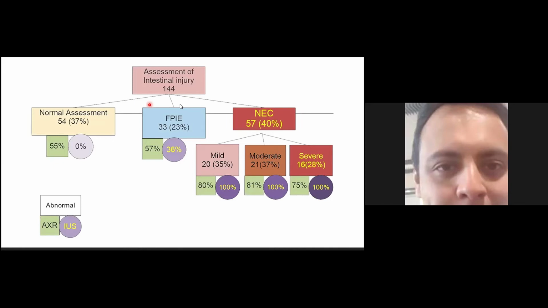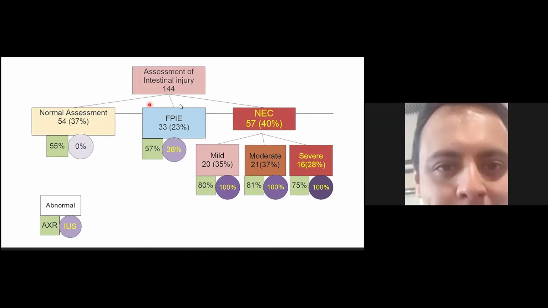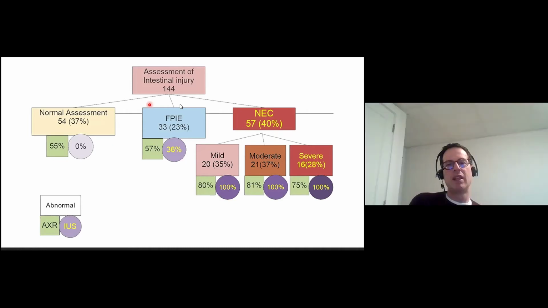Okay, so I was just going to say this slide is from my colleague, Dr. Yasser El-Sayed, and I hadn't actually realized that it has audio recorded on it. As he was saying, this is the unpublished work that I was referring to. We looked at our own center at 144 patients who had evidence or suspected intestinal injury.